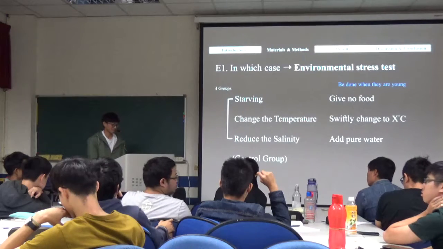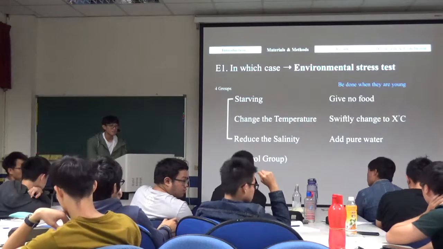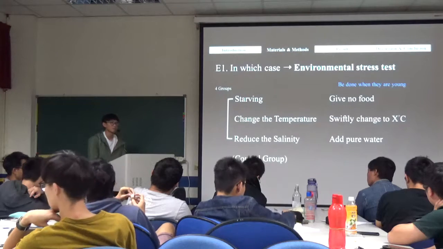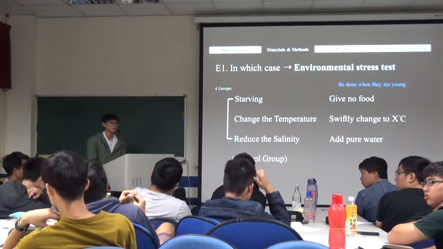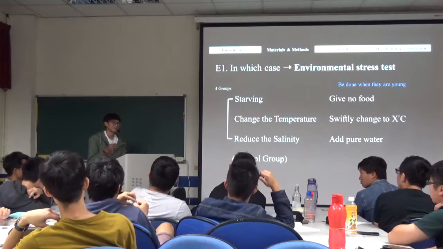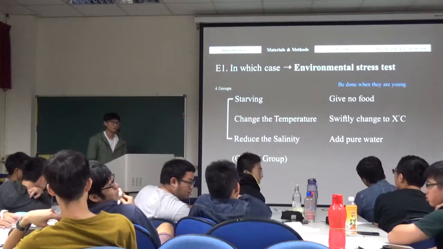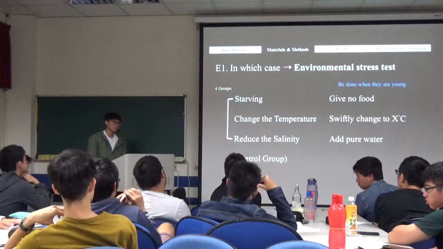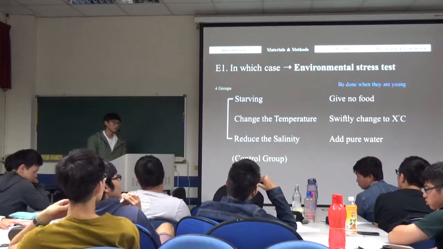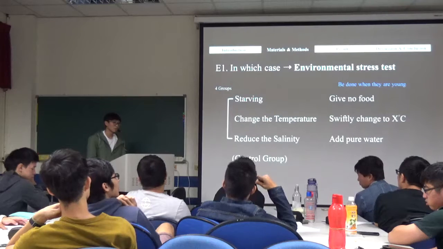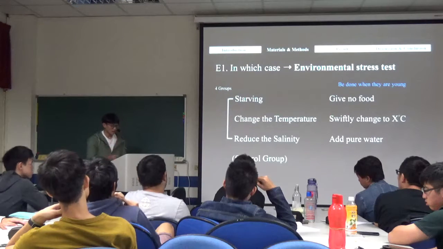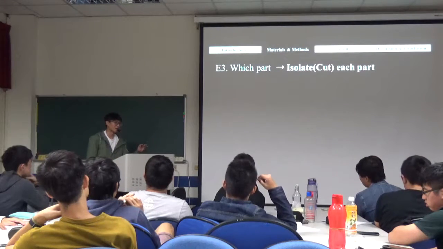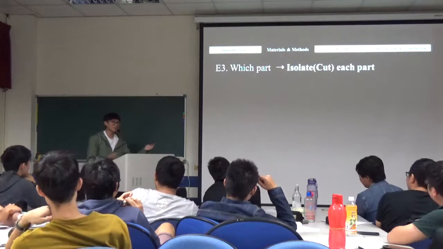Next is Emmy. You said that they don't die in nature, but their cells and their DNA will get old. So why don't they die? Actually, they just don't die, and the DNA is totally the same.